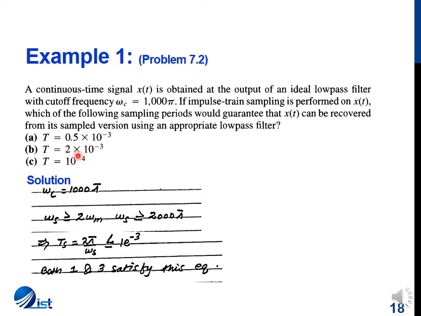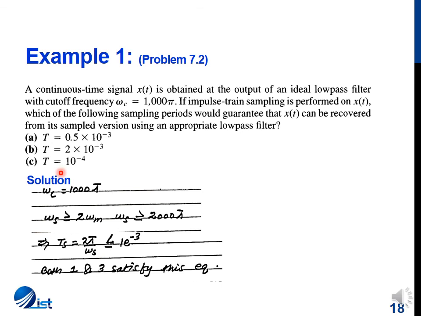Now for signal A, the sampling pulse train sampling time is 0.5 into 10 to the power minus 3, which is less than 1 into 10 to the power minus 3. So we are sure that with A sampling period, we can reconstruct our signal. For B sampling period, since this time is greater than this time, Ts, our signal cannot be reconstructed.